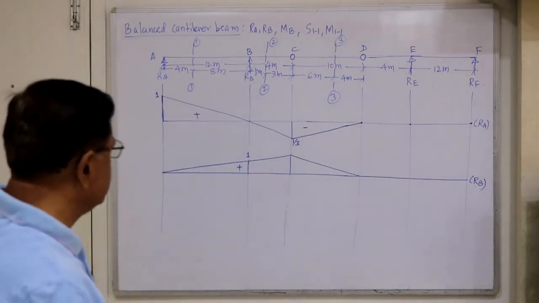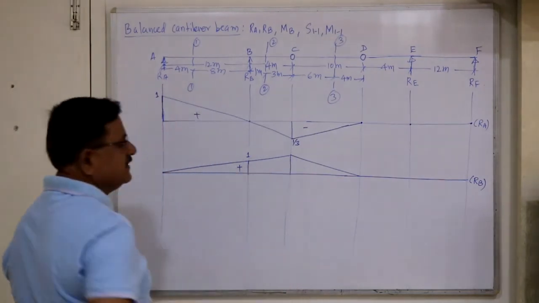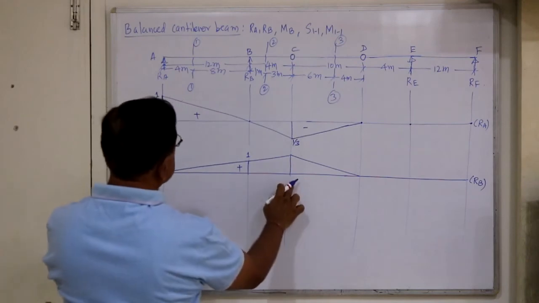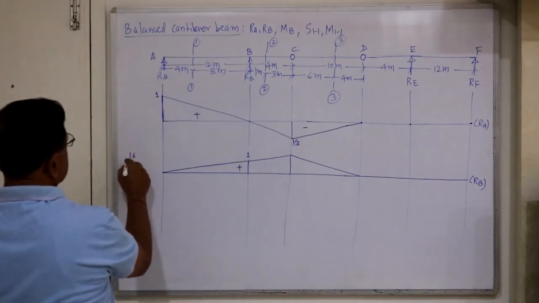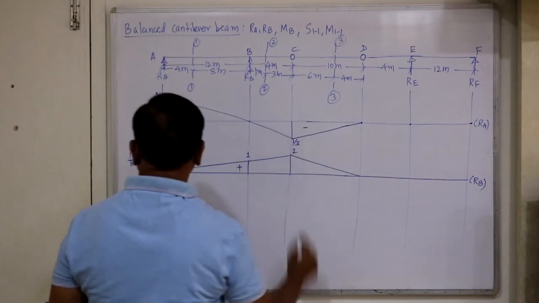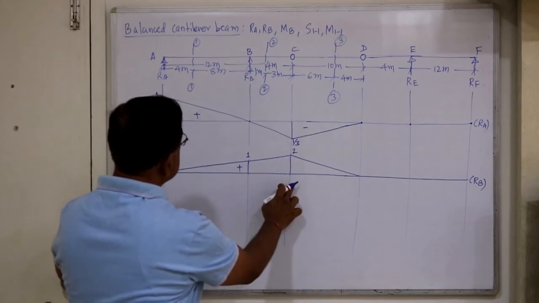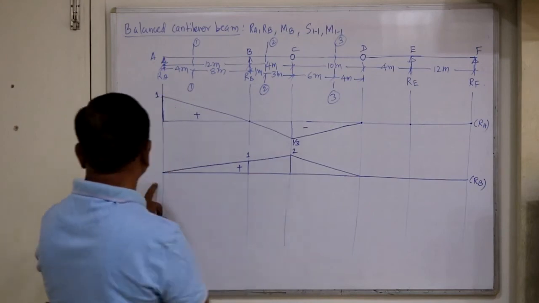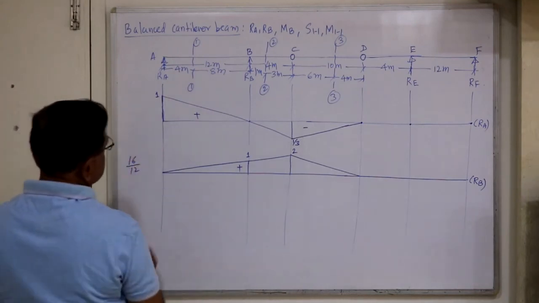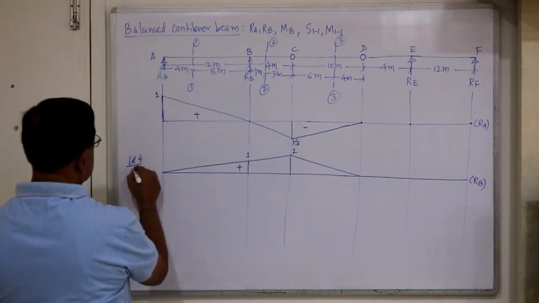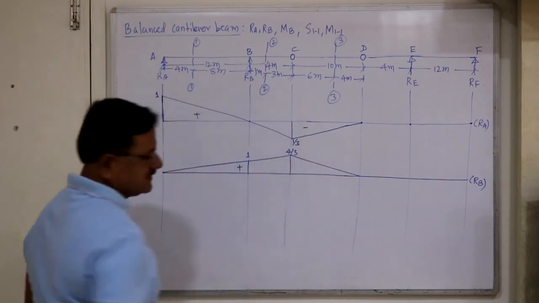Whatever the loading, RB will always be positive. Now y divided by 1 equals 16 divided by 8, so this ordinate will be 2. No, this is 16 by 12, not 8. So y divided by 1 equals 16 divided by base 12, so this is 4 by 3. This ordinate is 4 by 3.